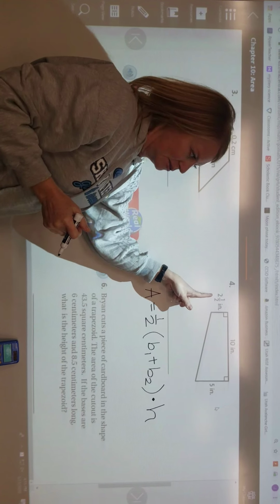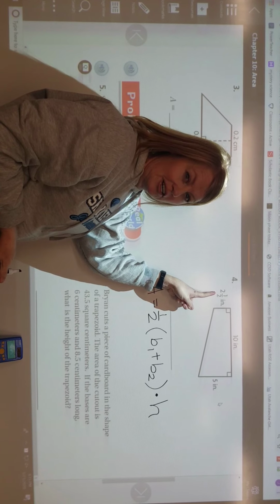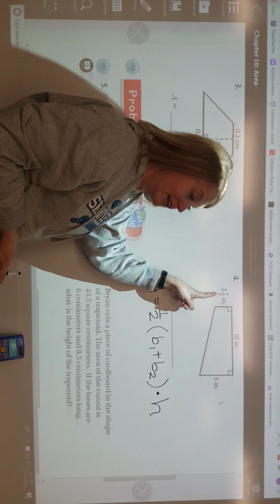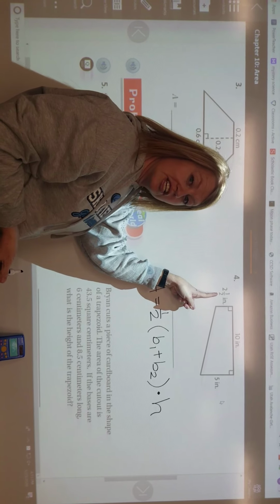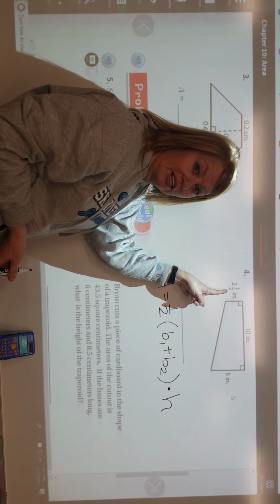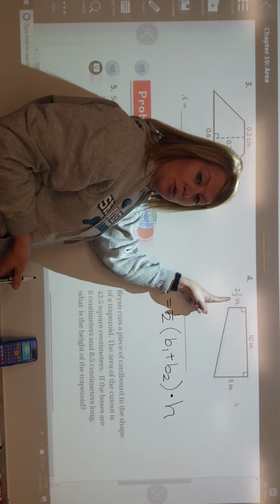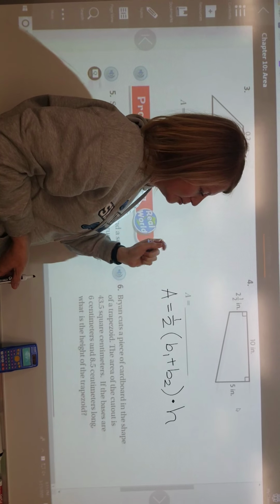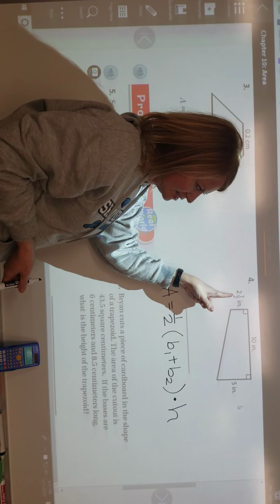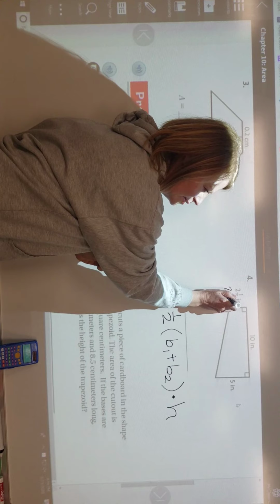Now, 2.5. You know, boys and girls, that fractions are not my favorite. And so if I can, I'm going to change it into a decimal because it's going to be easier to use in my calculator. So 2.5 is the same as 2 5/10. When I put that in my formula, I'm going to think of it as 2.5. I'll write it right here so I don't forget.